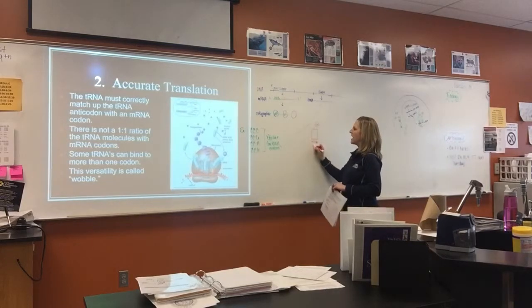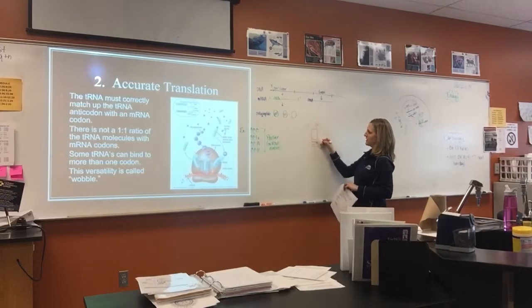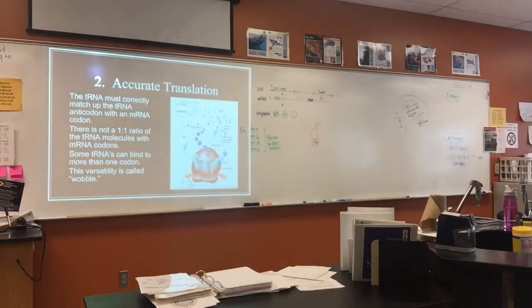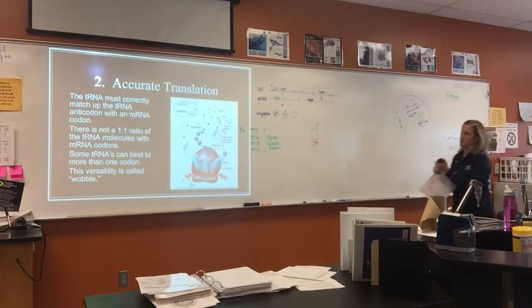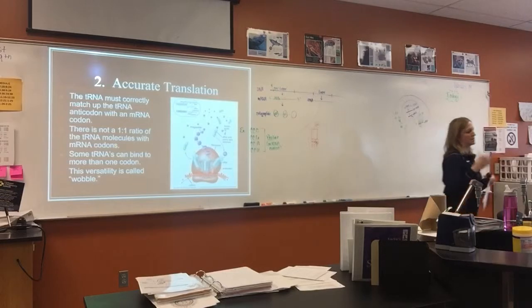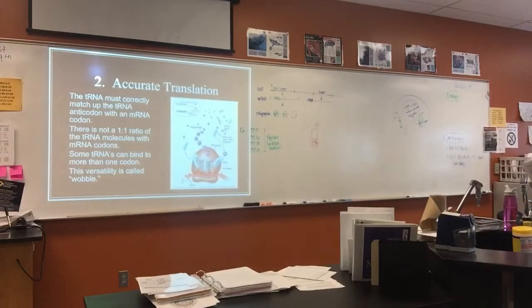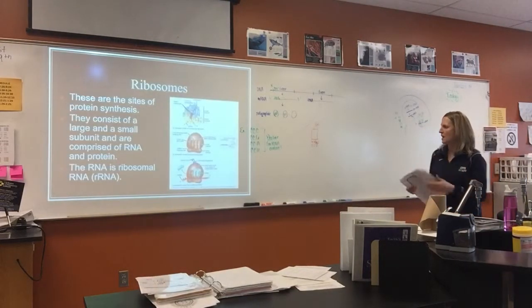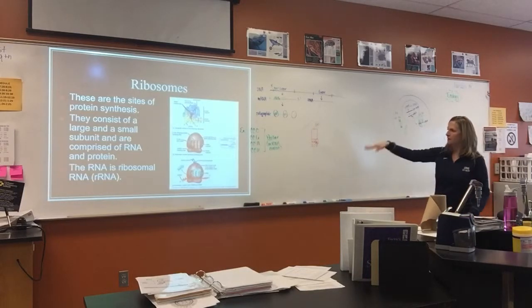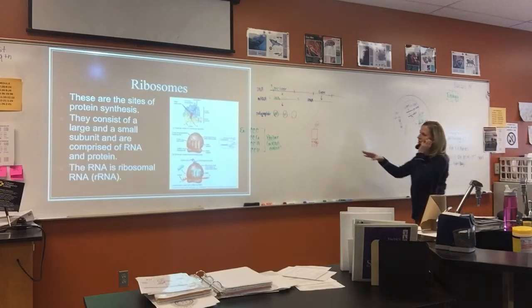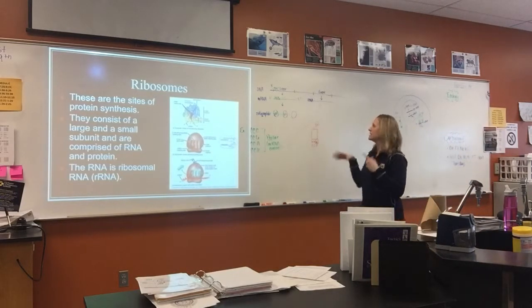So they found that if you have CCU, this still brings proline. It doesn't seem to matter what that third base is for that tRNA molecule, which is why we have multiple codons that code for the same proline and not just one, okay? That alternating of the third base is why they say the genetic code is redundant. It's the third base.